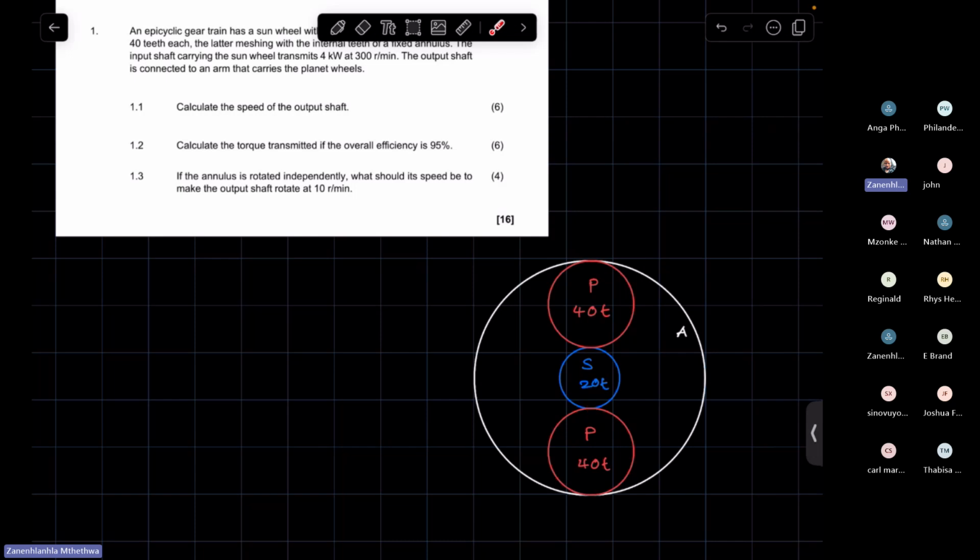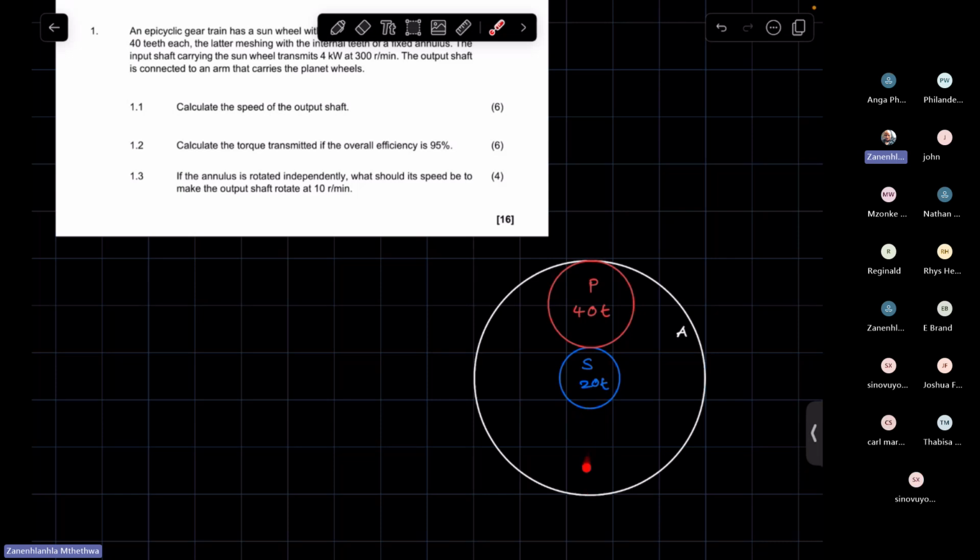So whether or not you have another planetary gear here, this diameter will be equal to that of the pinion. Are we clear here? Yes. Right, that is important to note.